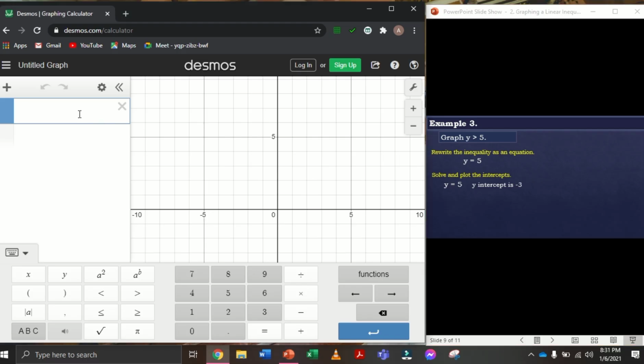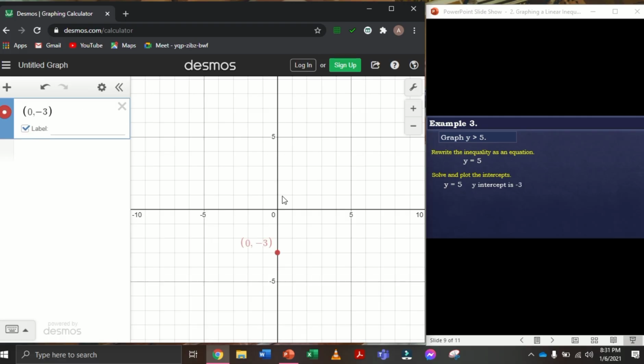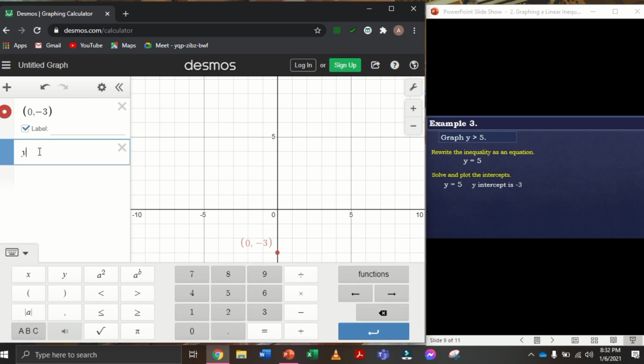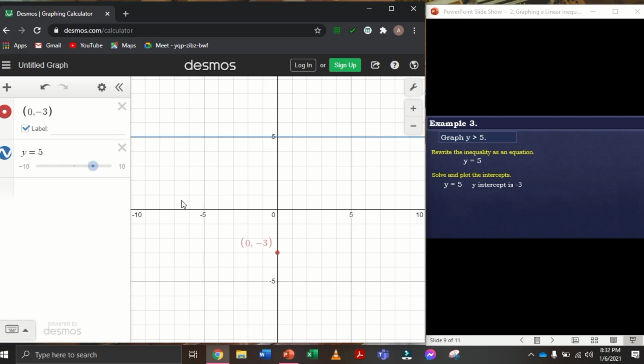So, i-plot natin 0, negative 3. Lagyan natin ng label. Ito po siya. Ito yung 0, negative 3. Pag ginraph natin, y is equal to 5. Oh, sorry. It should be 5. Ito po ay 5.